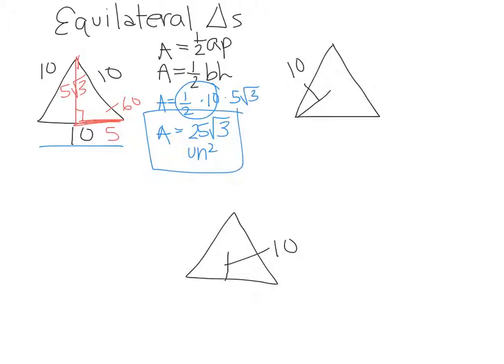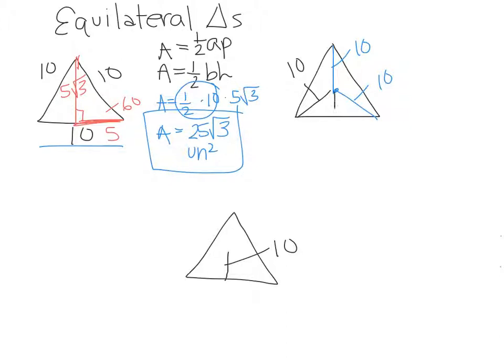That's one example. And then what if you have the radius? So the radius goes to the center, so I'm going to go ahead and draw in the other radii. Now this triangle right here has to be 120 degrees, because all three of these are 120 degrees to make 360.